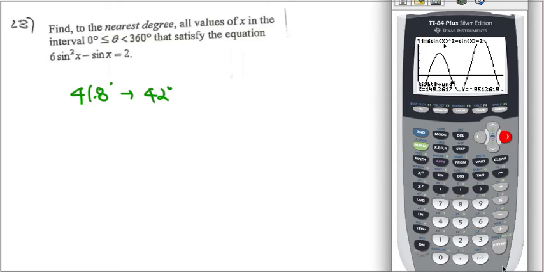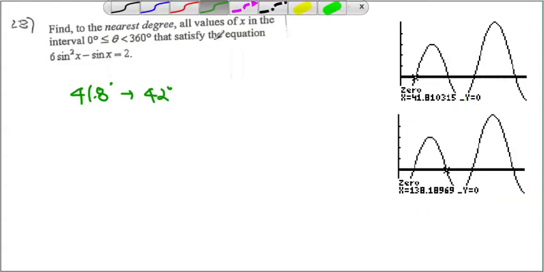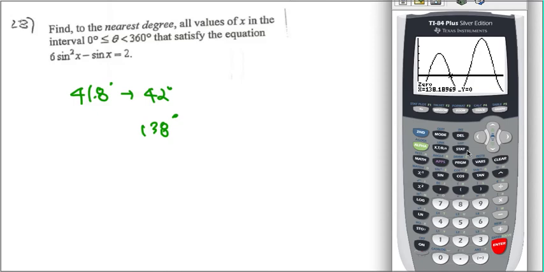We have to pass that point to the right bound, and it became 138. And then we have to look for 2 more. Finding the 0. And we just have to pass that. 210 degrees.